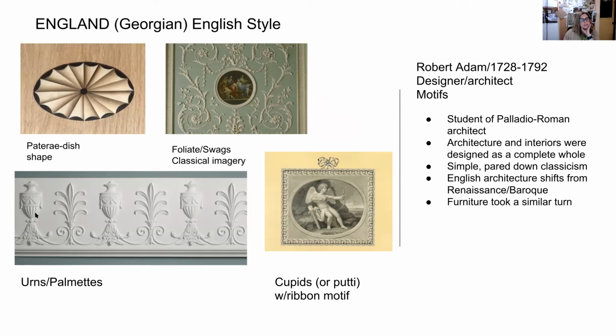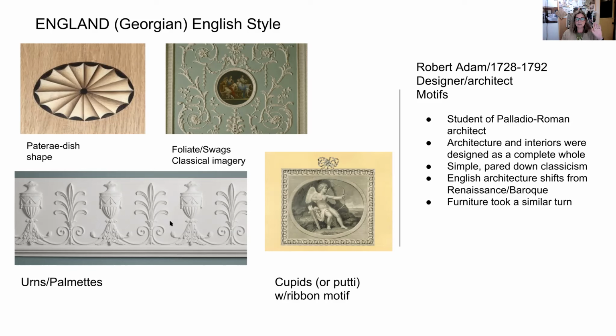But then what happens is it gets abstracted, and at the bottom the urns become upside down laurel leaves, or acanthus leaves most likely, coming down, but then abstracting themselves into floral, almost foliate swags. And then we have the palmettes, right? And then it just repeats. So it's this whole graphic, repetitive, abstracted, melded together pattern, which I think is really beautiful.